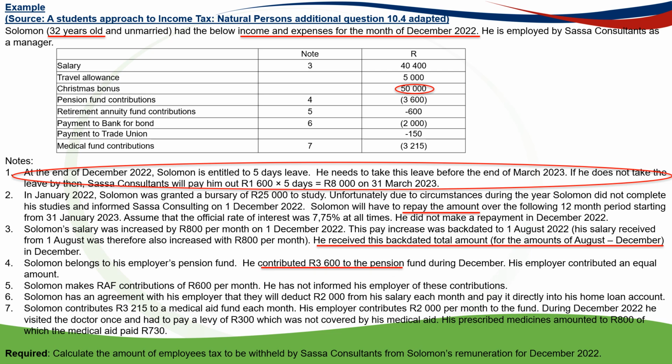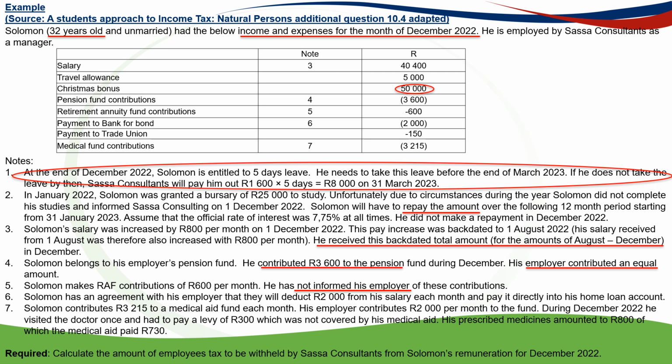And then Solomon contributed 3,600 to the pension fund and his employer an equal amount. So you must know that 3,600 his employer pays is also a fringe benefit, which he must be taxed on and is part of his remuneration. And Solomon contributes to the retirement annuity fund, but he did not inform his employer, so his employer cannot take that into account because the employer is unaware.